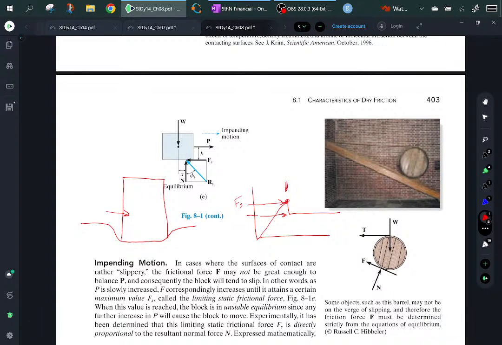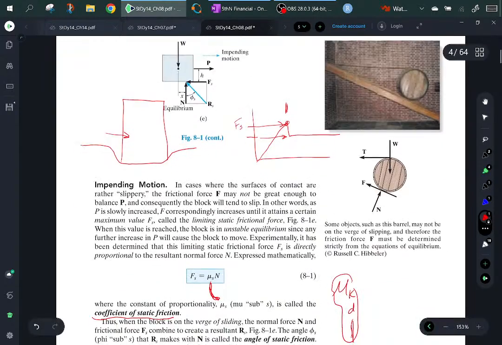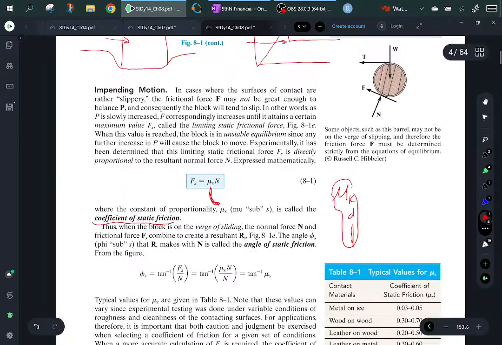And so you've got a couple things that can happen. One is it starts moving. Two, it tips over. And he has a problem with the tip over in a minute.